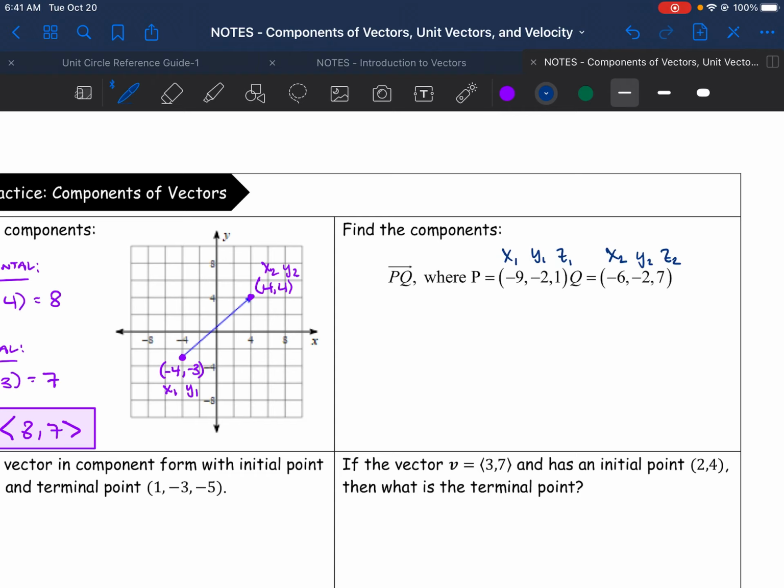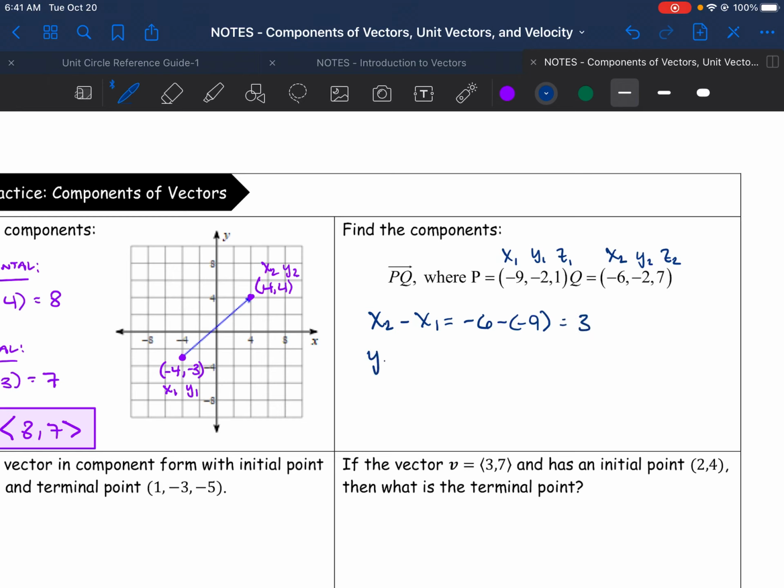So if I want to find the components, well, we're going to take all the points from Q, the terminal point, and subtract from them the points from P, the initial point. So we're going to do x2 minus x1, which would be -6 minus -9. Well, -6 minus -9, that's -6 plus 9, which is +3.